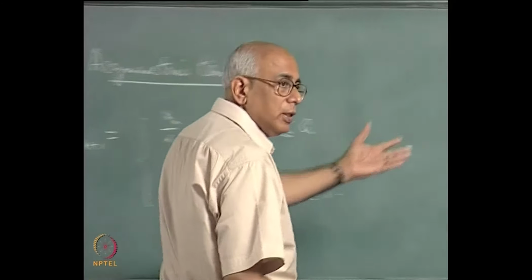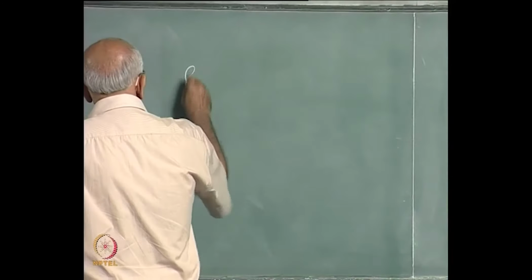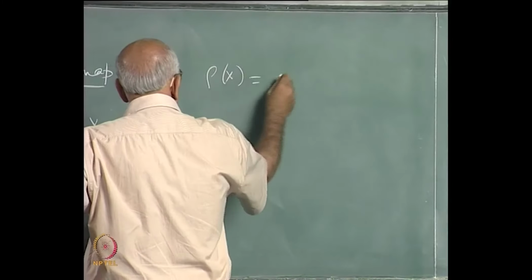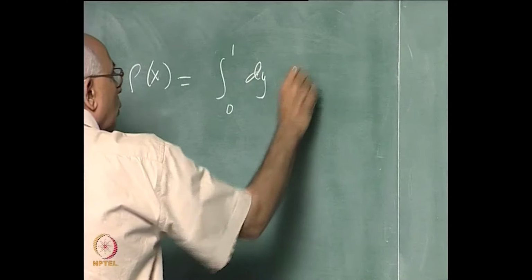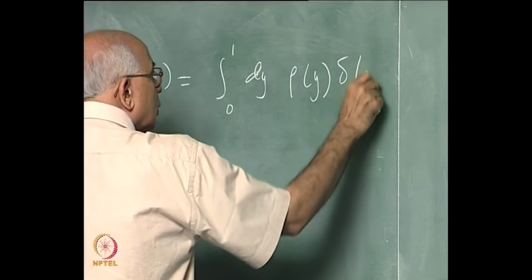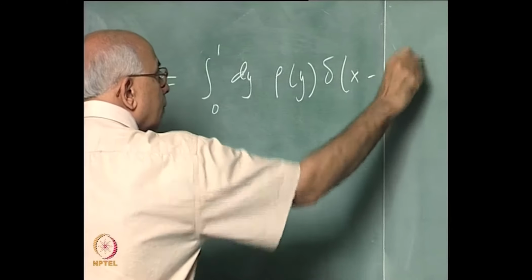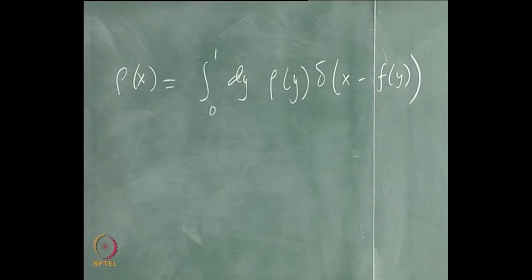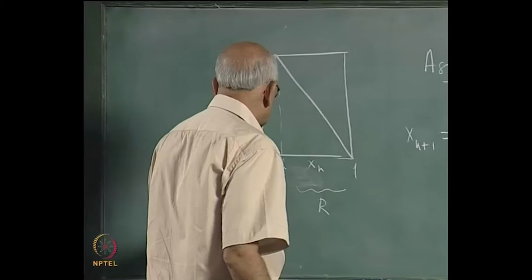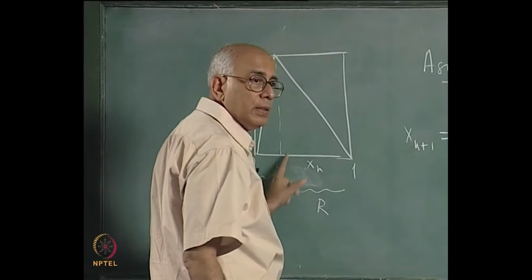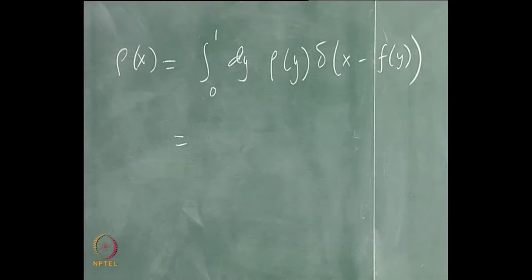So we write the Frobenius-Perron equation once again. I have rho of x equal to integral 0 to 1 dy rho of y, a delta function of x minus f of y, in this fashion. And that is equal to, well, since I am breaking this map up, there is a 0 to a which is one piece and an a to 1 which is another piece.